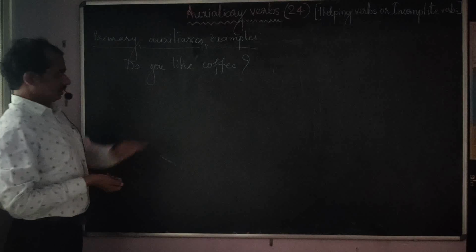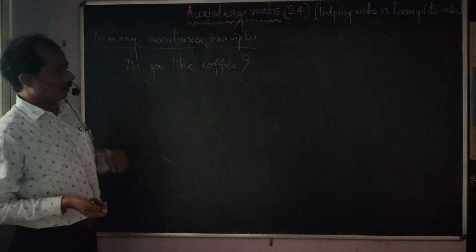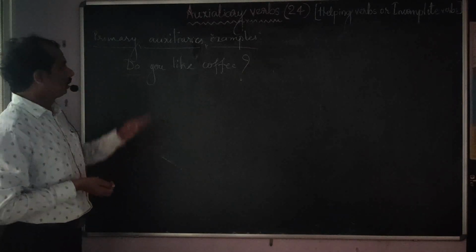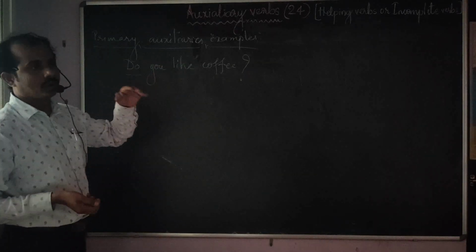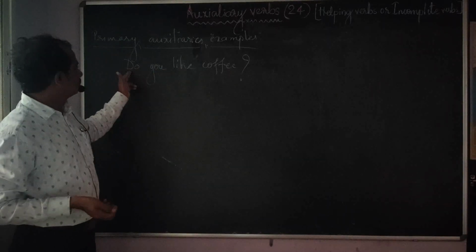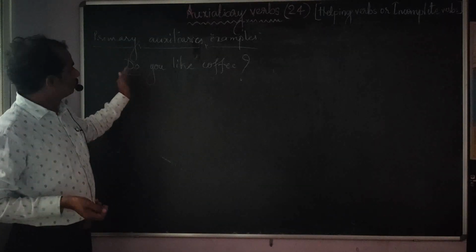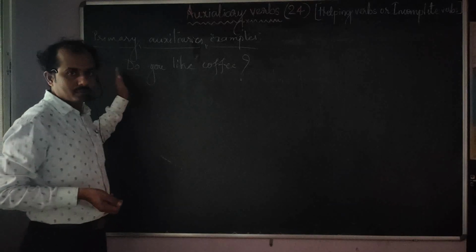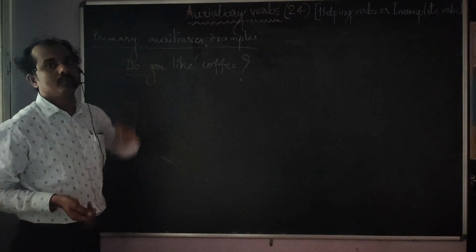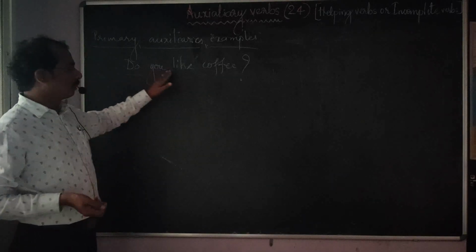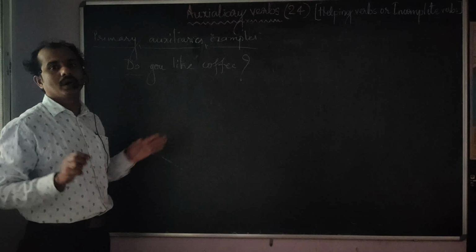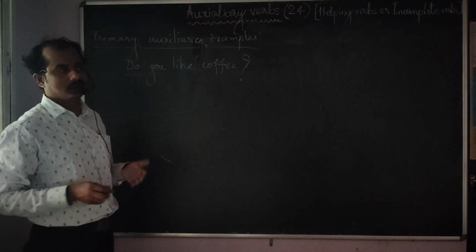This is a simple present interrogative sentence. So do is a primary auxiliary, helping the main verb to form questions. In simple present tense, there is no helping verb, so we use do or does to make interrogative and negative sentences.